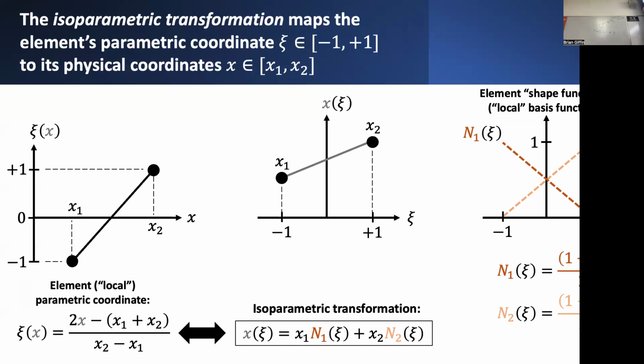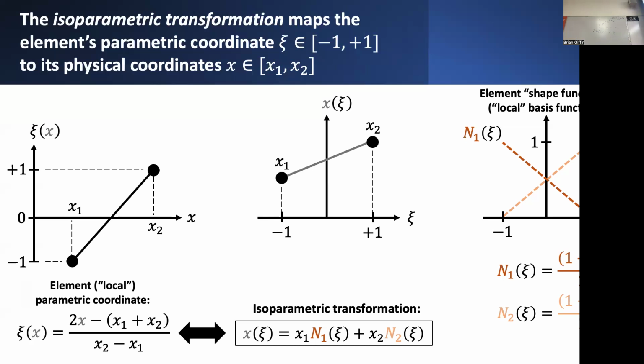And we do this partly to reconcile some of those issues that we alluded to previously with having our integration formulas also defined over this same range from -1 to +1. You'll see why that's relevant in a minute. But the idea is we have these basis functions or shape functions, N1 and N2, themselves just linear functions.